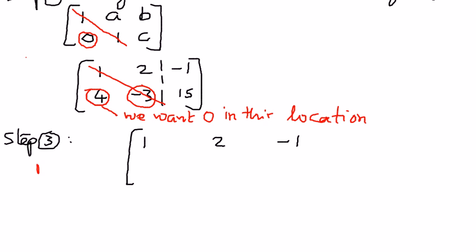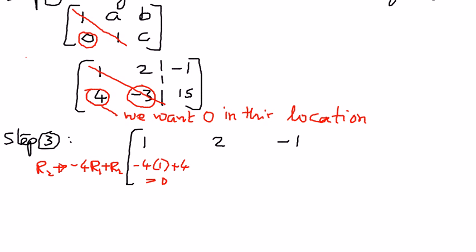The new R2 is going to be equal to -4 times R1 plus R2, and the way to do that is as follows: -4 times 1 plus 4, -4 plus 4 is going to be equal to 0.